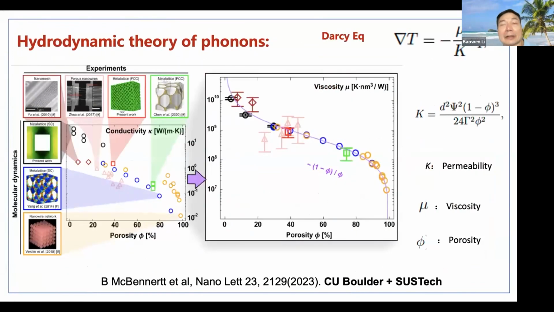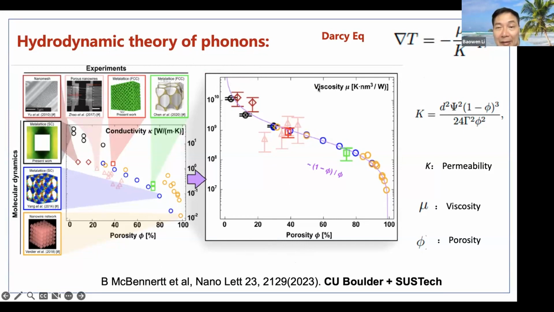There's another theory called the hydrodynamic theory of phonons, which tries to explain many interesting experimental and numerical results for very large thermal conductivity. Recently, working with Marguerite Monin's group at CU Boulder, we got a very interesting theory.